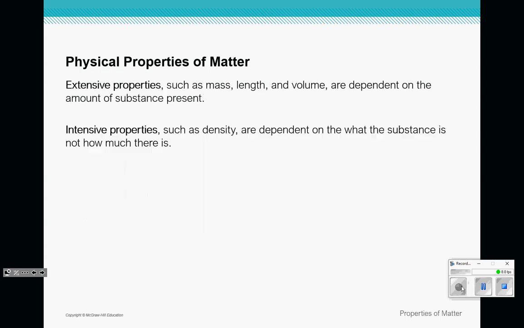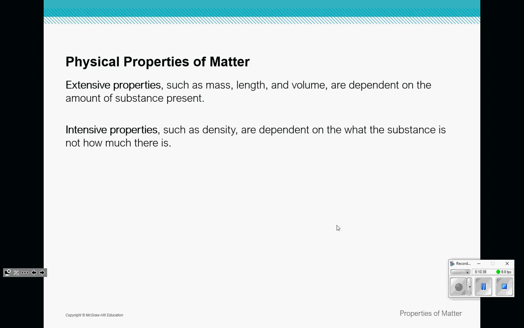That brings us to those two funny little vocabulary words, extensive properties and intensive properties. Extensive properties, get this down, such as mass, length, and volume are dependent on the amount of substance present. So you may need to pause the video throughout and or go back to get these vocabulary words down on your notes to turn in. So with extensive, again, it's dependent on the amount of substance.